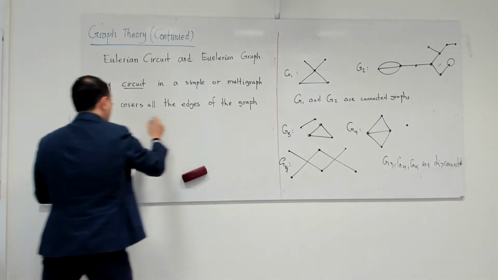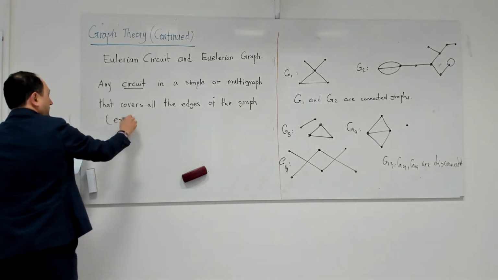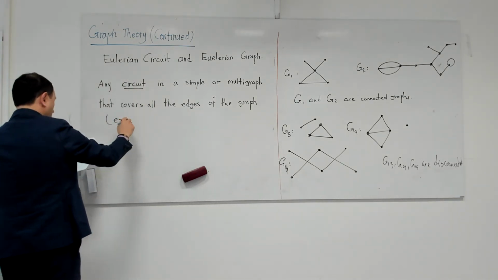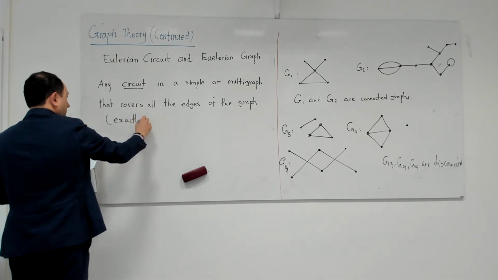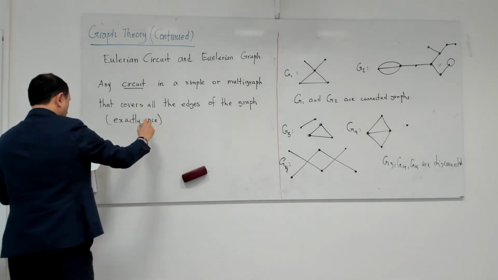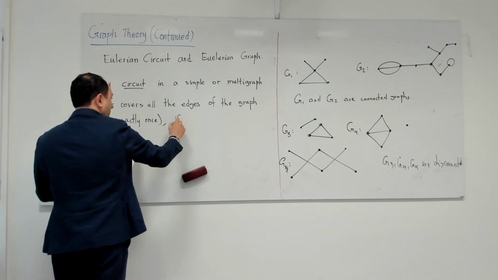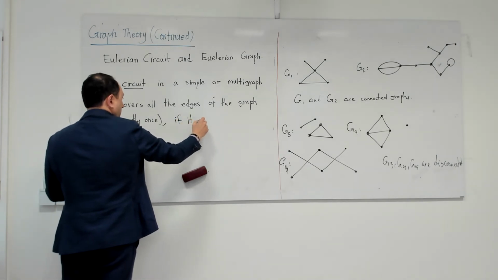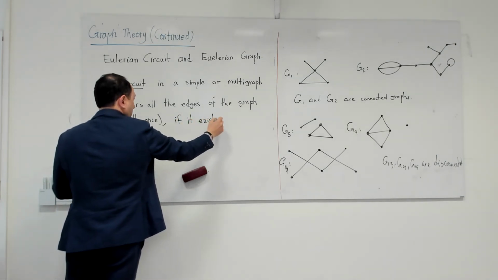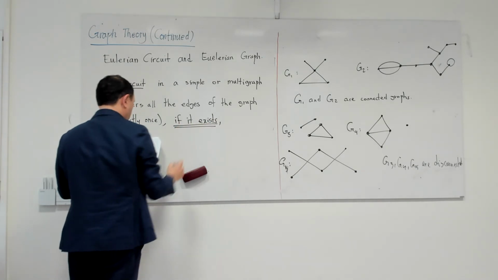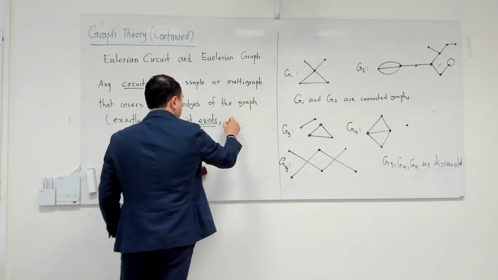Okay, let me emphasize again exactly one. I don't need to emphasize because I have already mentioned circuit exactly once. Of course, if it exists, is called an Eulerian circuit.